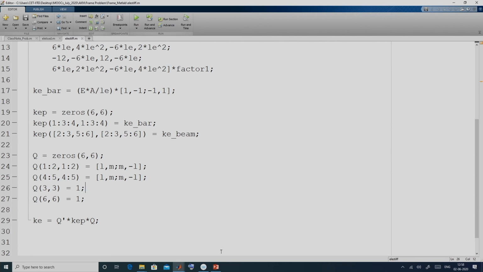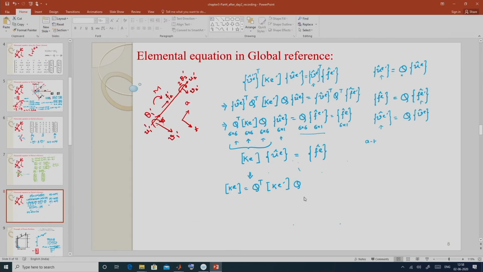So thus we have seen the construction of this element stiffness matrix in global XY frame.